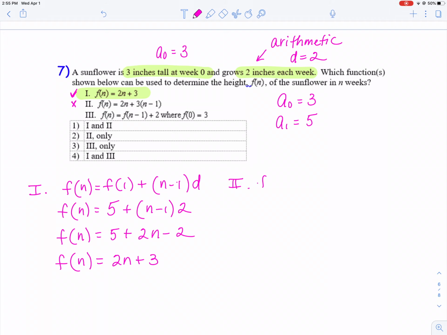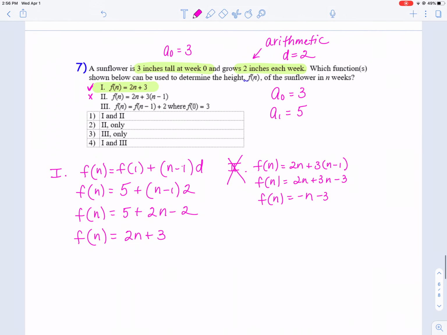If you took f of n and you did 2n plus 3 times n minus 1, that's telling you your common difference is 3, which it isn't. Your common difference is 2. This would give you 2n plus 3n minus 3, which totally makes no sense. Negative n minus 3 doesn't look good to me.